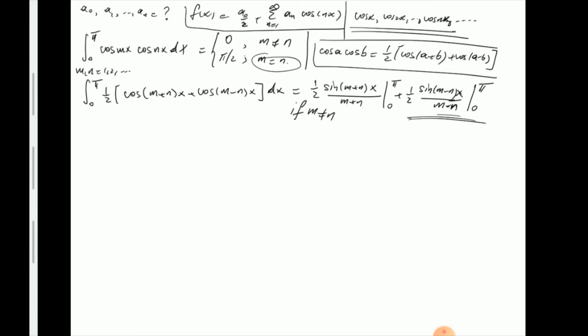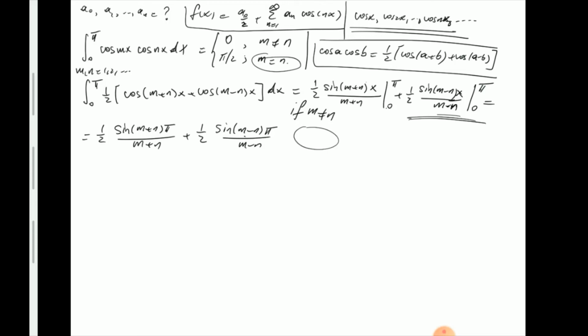But if m is not equal to n, let's plug in pi and 0. That's going to be 1/2 sine of (m plus n) pi over (m plus n). When I plug in 0, sine of 0 is 0. Then the second term, 1/2 sine of (m minus n) pi over (m minus n), and again sine of 0 is 0. However, remember m and n are positive integers, so sine of a multiple of pi is 0.